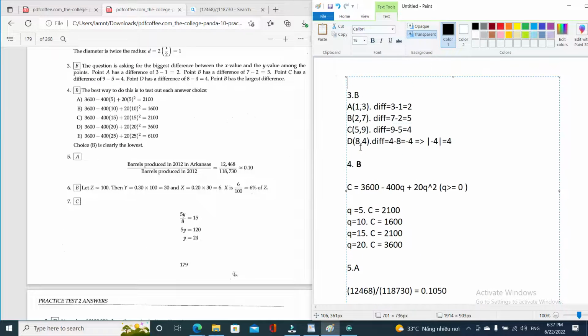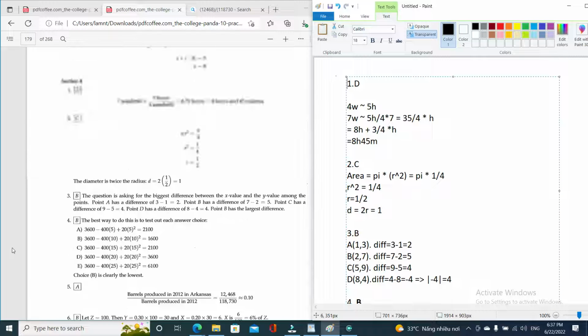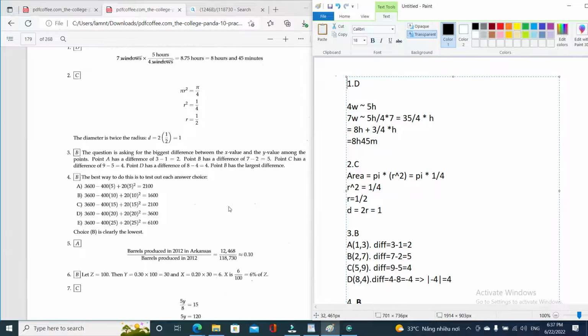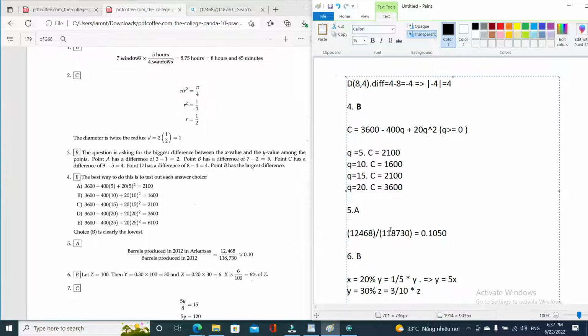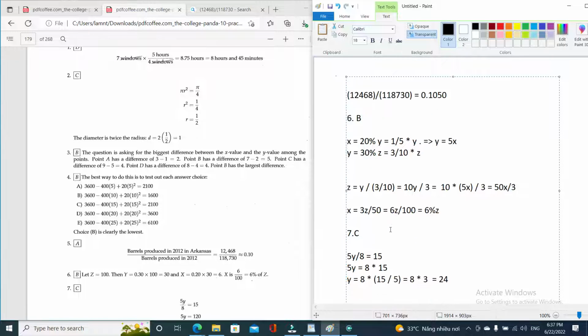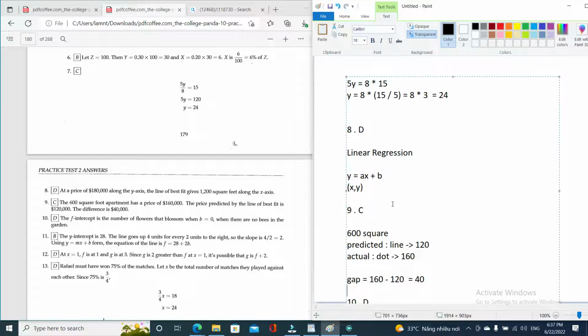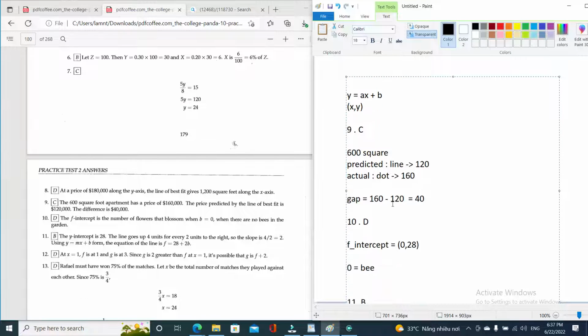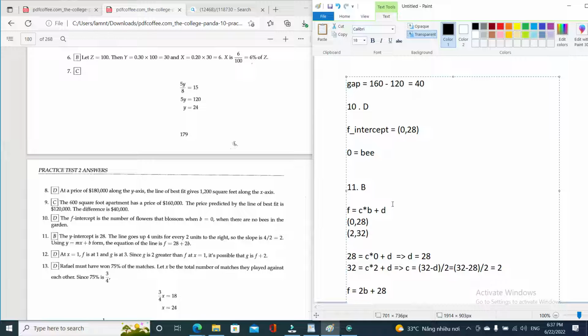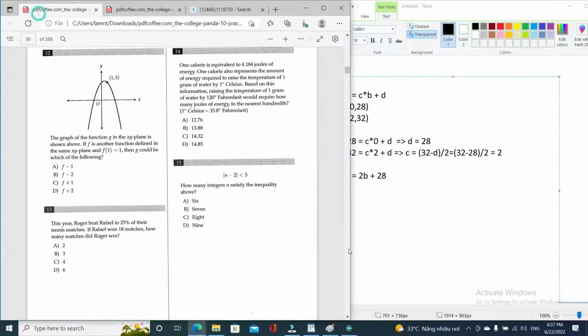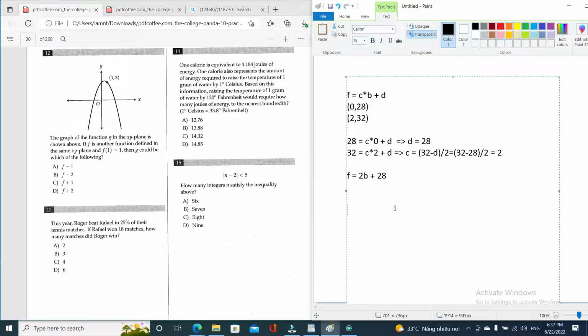Is anyone wrong? 1D, 2C, 3B, 4B, 5A, 6B, 7C, all correct. 9C, 10D, 11B, so all correct. Very good. Let's keep going to number 12.